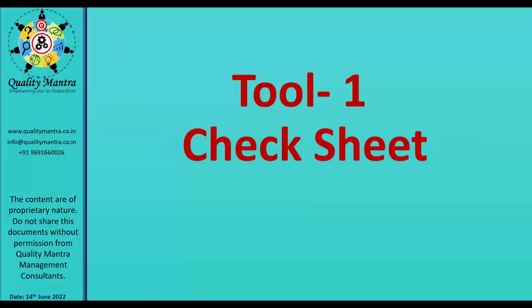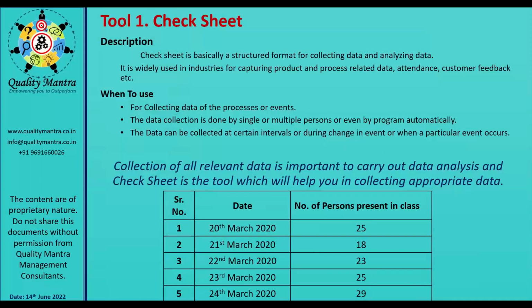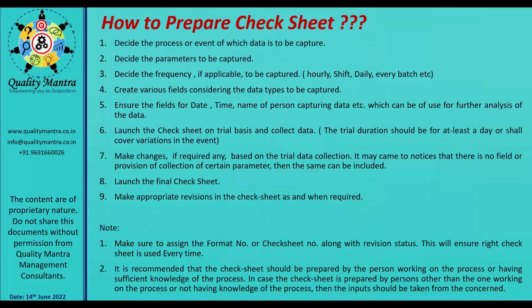So tool number 1, check sheet, that we have seen yesterday. Check sheet is a very simple tool, yet very important tool, and we have seen how to make it. To make a check sheet, you have to involve people, take inputs from them, launch a trial check sheet, and then you have to make the final check sheet and start collecting the data.